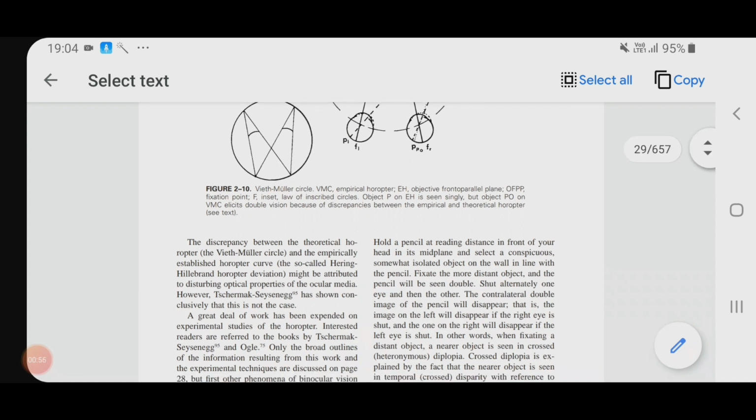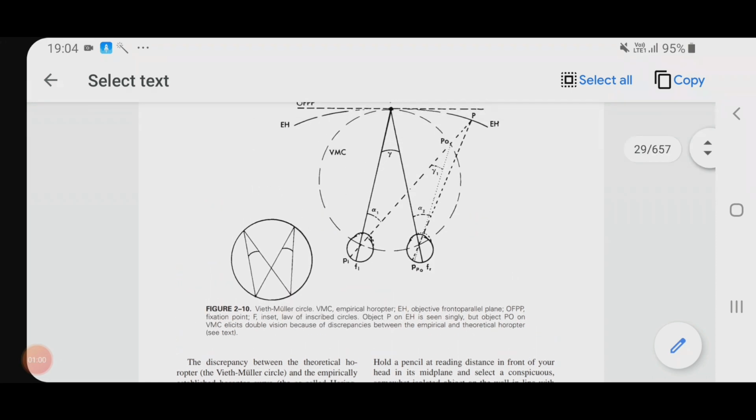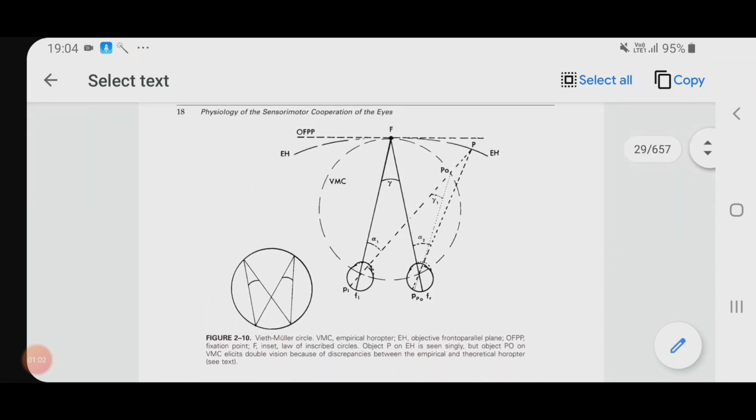Research only shows that when we are looking at near, our Horopter is rather flatter than the Vieth-Müller circle. So our empirical Horopter, the actual Horopter, is a little flatter than the Vieth-Müller circle.